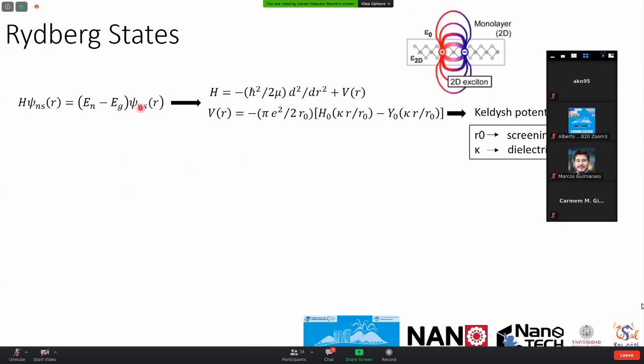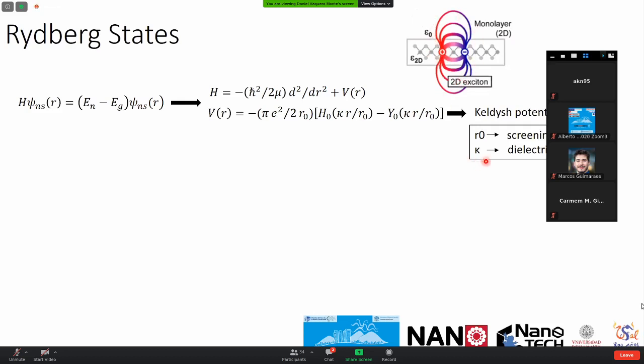label these Rydberg states, we use an effective mass model, in which we solve the Schrödinger equation with this Hamiltonian, and we use a Keldysh potential. This Keldysh potential allows us to solve in a very correct way the different states, and we don't use a normal Coulomb potential because for excitons in 2D materials the electric field is very screened because of the environment of the phototransistor.